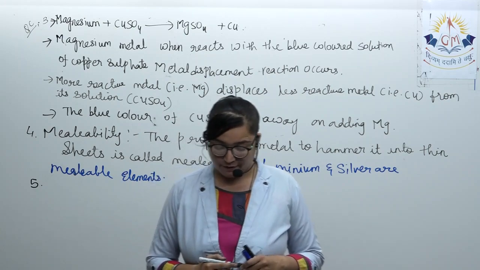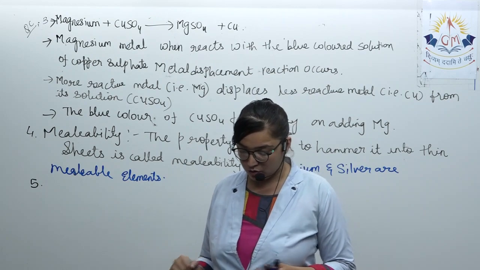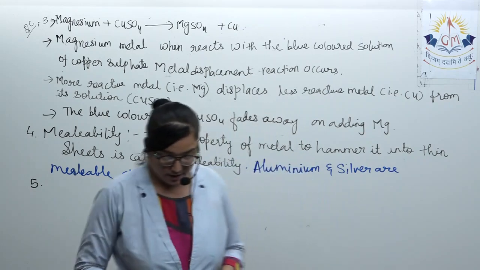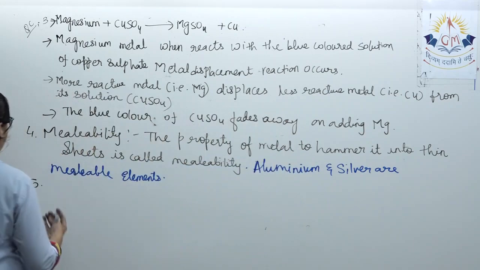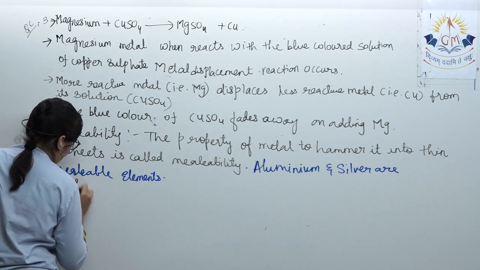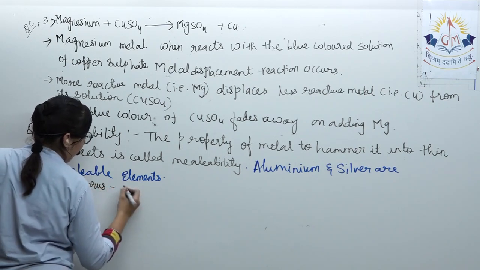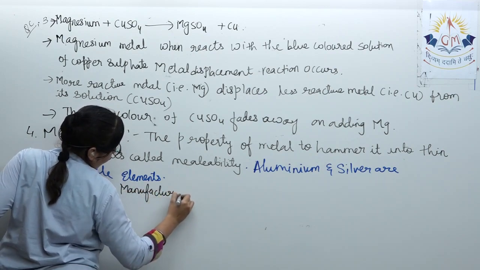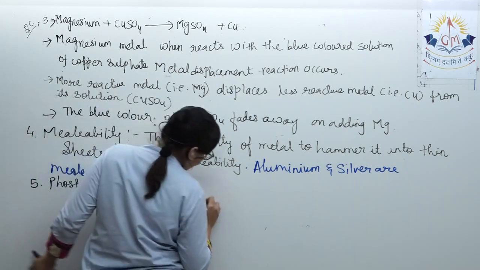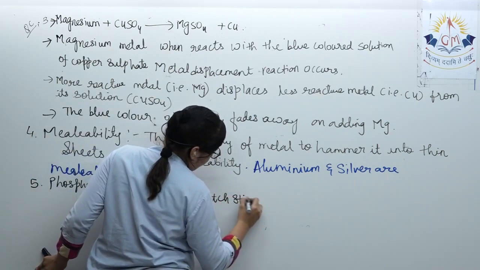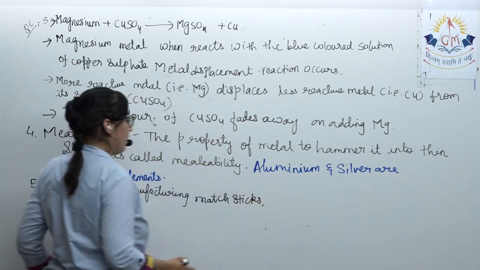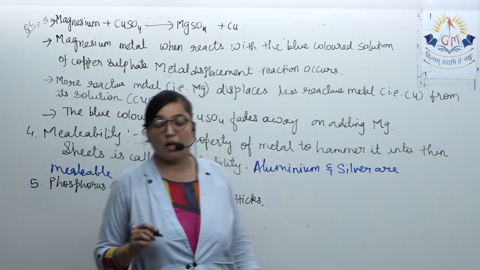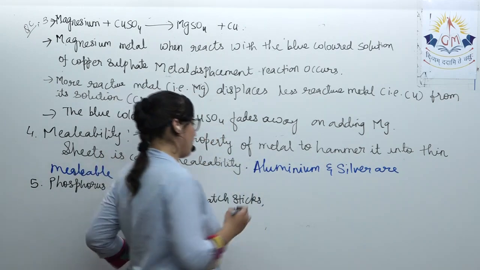Phosphorus is used for manufacturing of matchsticks. Along with matchsticks, it is also used for making rat poison.